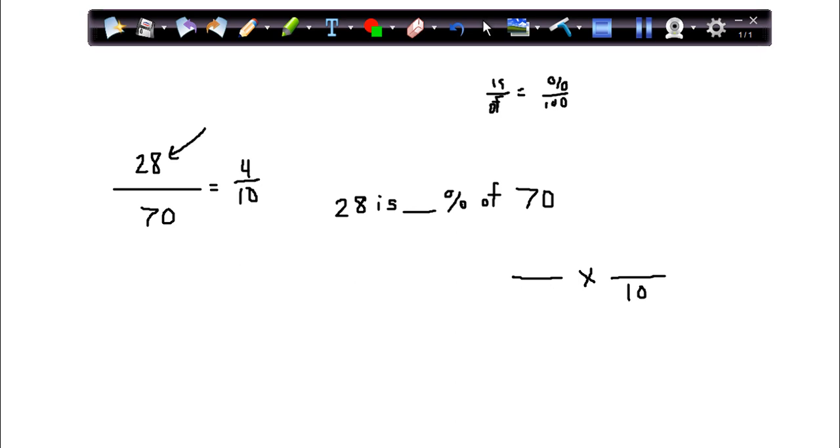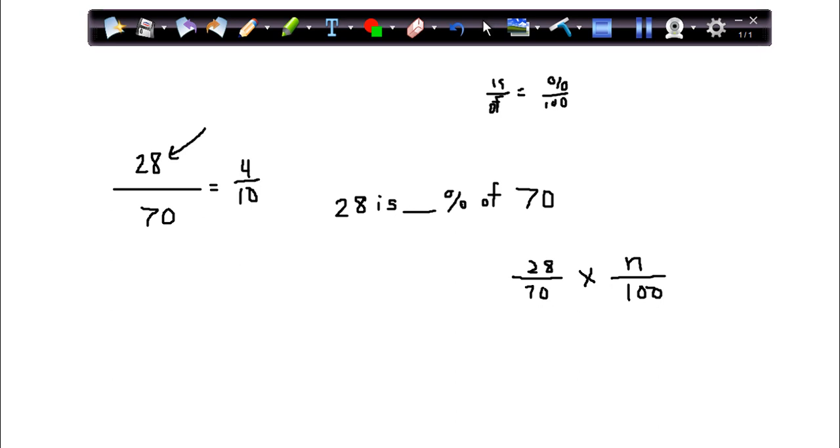Let's just put it there. 28 is the is. Put it there. The of is 70, of 70. Let's put it there. And the unknown, we don't know what percent it is. So we're going to just put an unknown variable. Okay, and as I've said many times, multiply the one without the variable first.